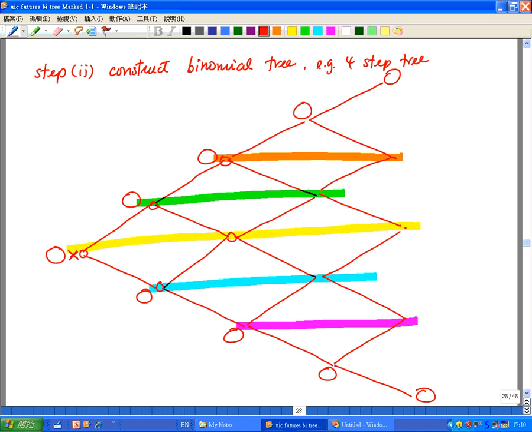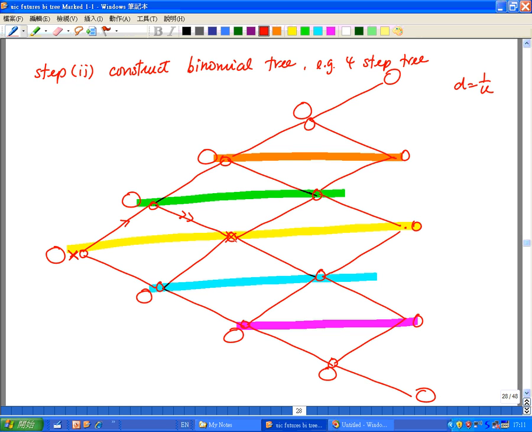Except, you might think it's going to take a lot of calculations. The tree is structured so that because we take D equals 1 over U, if the stock price moved up first and then moved down, we end up at the same stock price level as before.